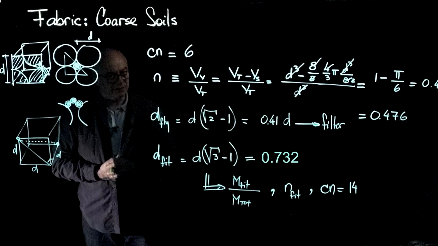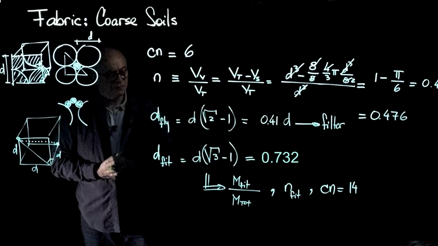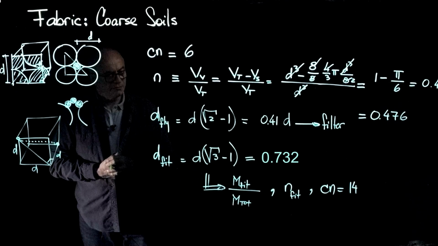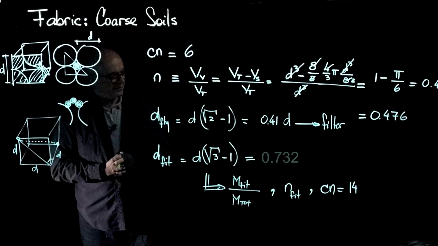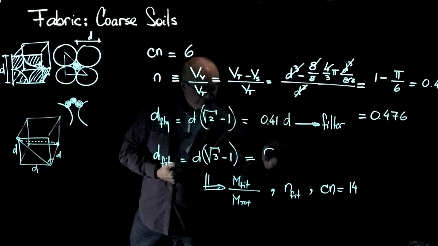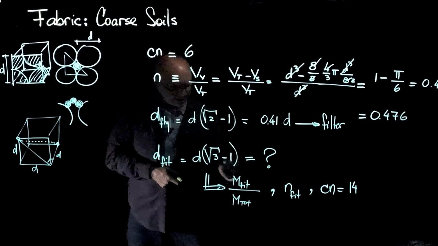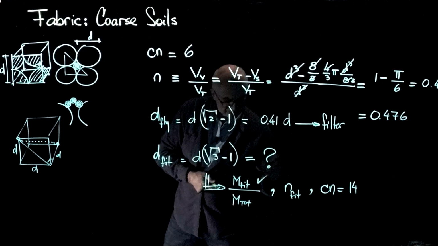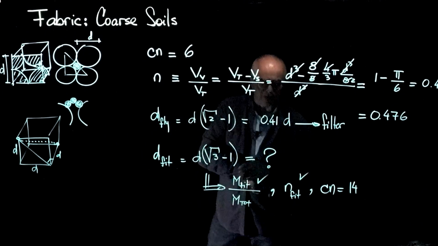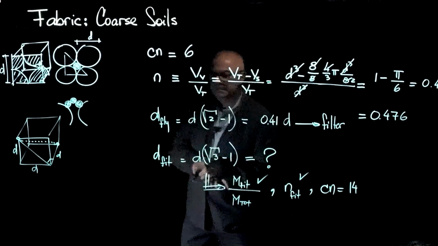So, an exercise for you. Please repeat these computations. Complete the numbers that I couldn't remember. Check the values for the grain size distribution and the porosity when you fit a particle inside.